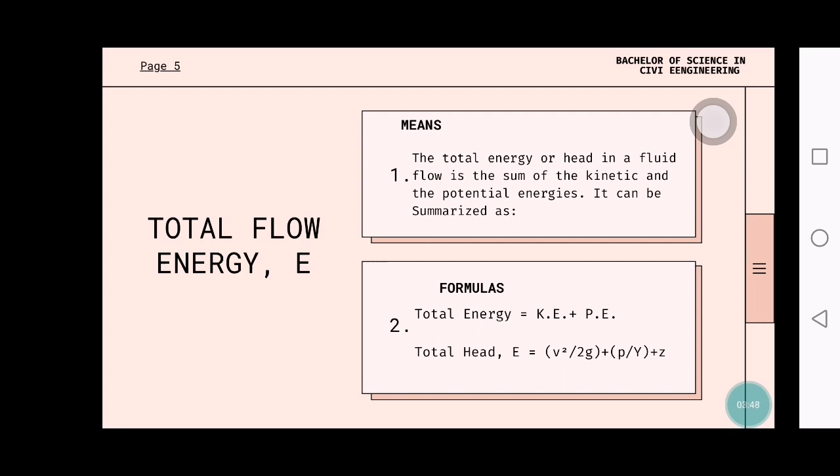It can be summarized as formulas. Total energy is equal to kinetic energy plus potential energy. Total head is equal to velocity squared over 2g plus P over weight density plus z.